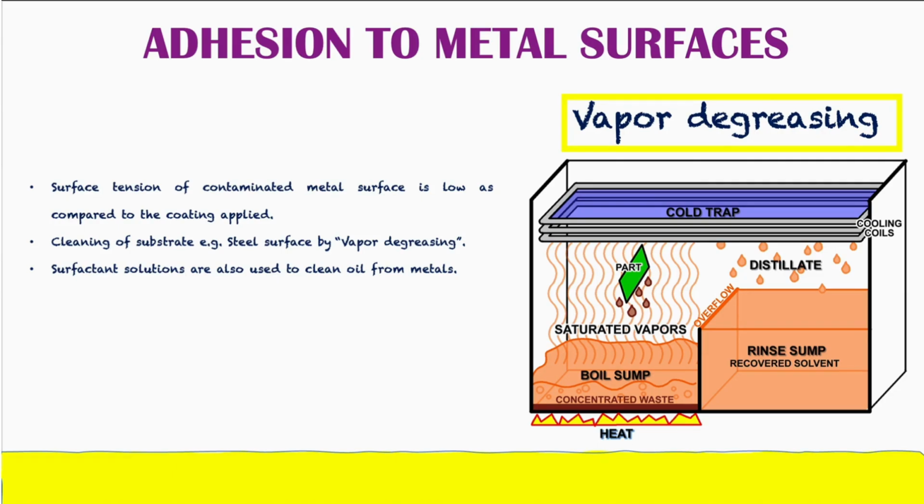That means with the help of vapors, we degrease the surface, we remove the oil contaminant from the surface, and in this process some dirt and dust also get removed. In the figure you can also see the saturated vapors moving up and being condensed on the surface, and the distillate moves down.